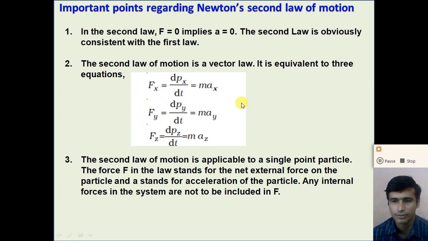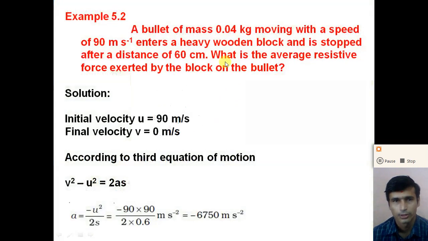So now dear student, we will take some examples regarding Newton's second law. First one is example number 5.2, given in the textbook also. A bullet of mass 0.04 kg moving with a speed of 90 meter per second enters a heavy wooden block and is stopped after a distance of 60 centimeter.